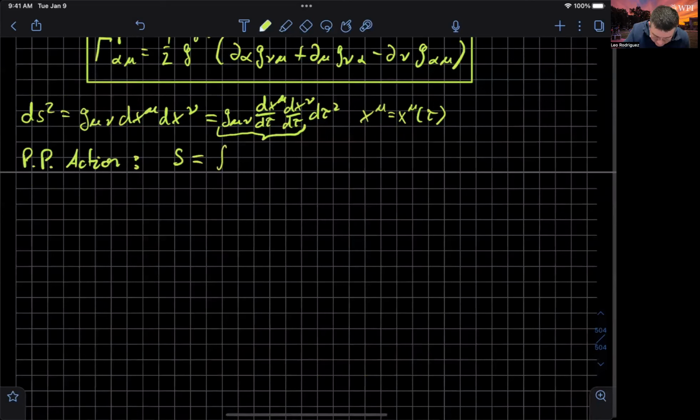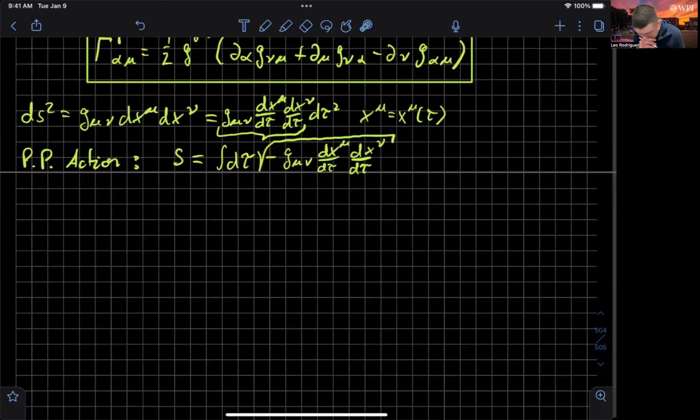And then I'm integrating over d tau now, and then I have minus g mu nu dx mu d tau dx nu d tau, and then we're square rooting this. And like I said, we just want to have a positive factor inside the square root. And that's just from our general relativistic convention.